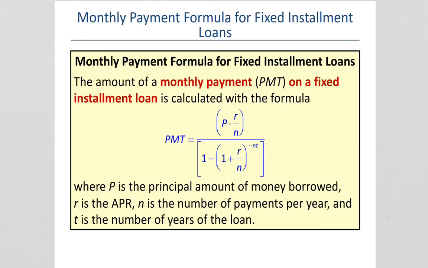So this is on an installment loan. Before, when we were finding the payment, we were talking about savings loans and all. So this is P, that's the initial amount, principal, times the rate divided by n, all divided by 1 minus 1 plus the rate divided by n to the negative nt.